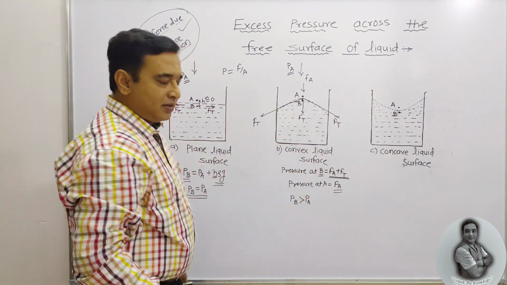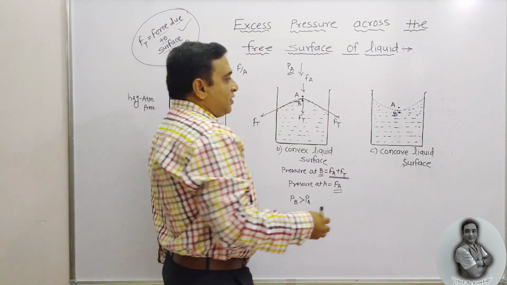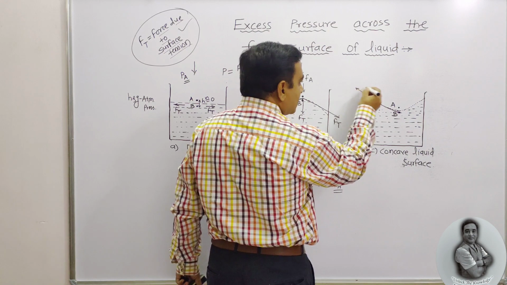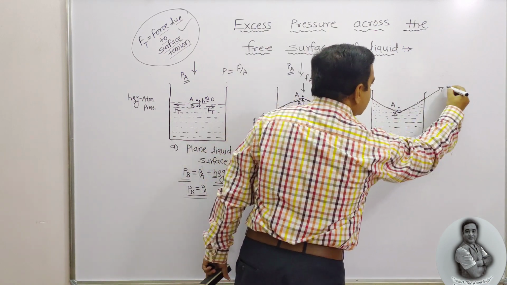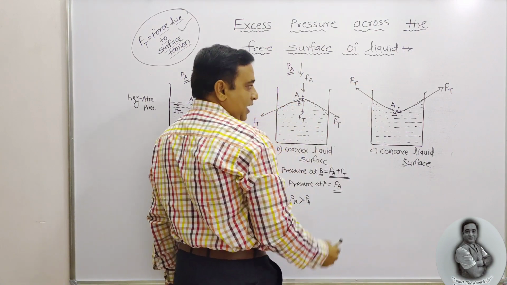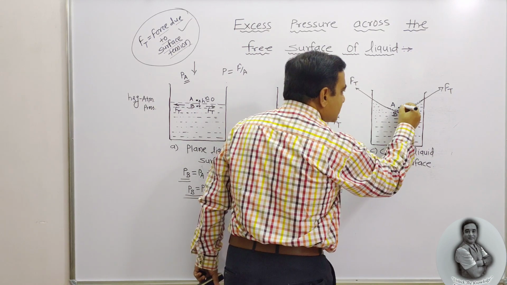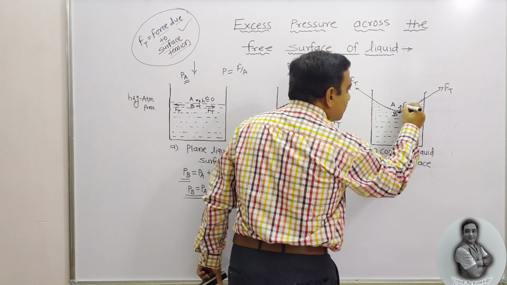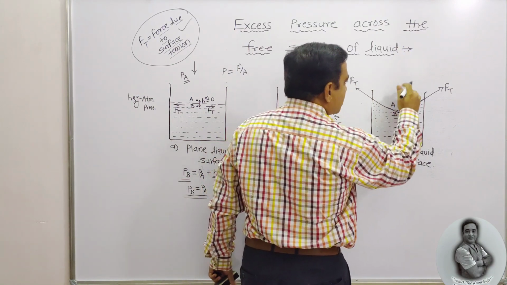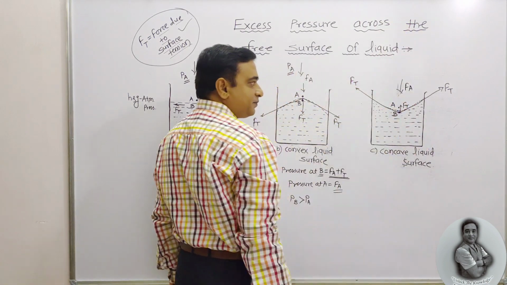Come to the point C, or we say the concave surface of the liquid. Once again, I am going to draw the tangent from this side and the tangent to this side. This is your Ft, this is your Ft, and both are pulling from this side. That means the resultant force due to surface tension is in the upward direction, and obviously the force due to the atmosphere is from the upside.